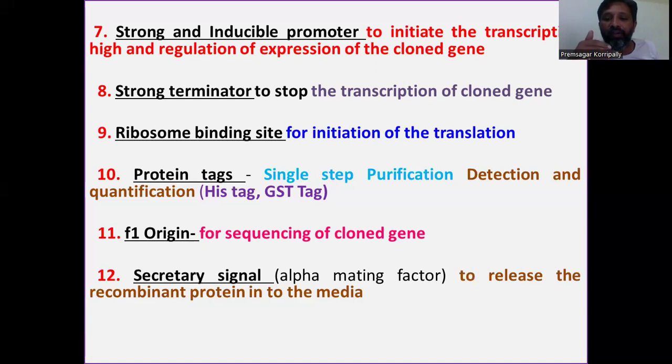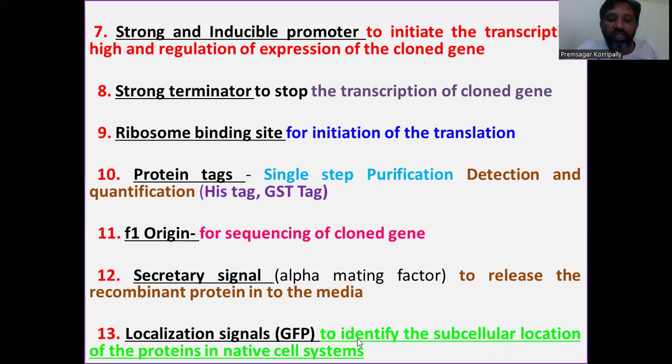That alpha mating factor will aid in the secretion of your recombinant protein into the media, so that you have an easy procedure to purify the recombinant protein. That's the reason secretory signals are kept.